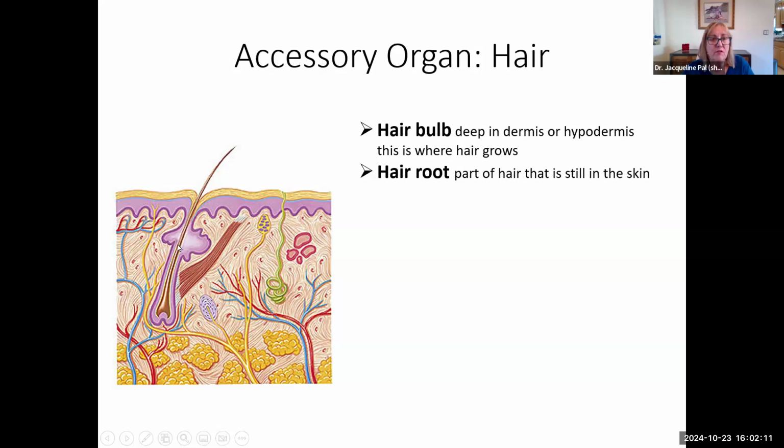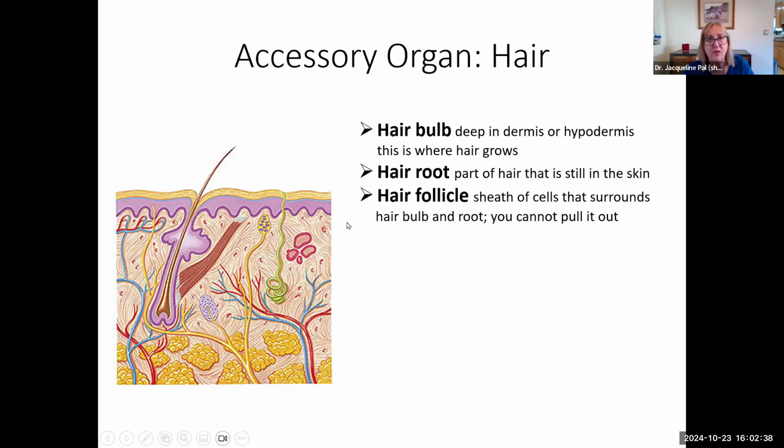The hair root is the part of the hair that is still within the skin. So the hair root includes the hair bulb, okay? So the hair root is all of this part. It's the part that's within the epidermis and the dermis. And you notice that the hair root is surrounded by these epidermal cells, which have come down and surrounded it.